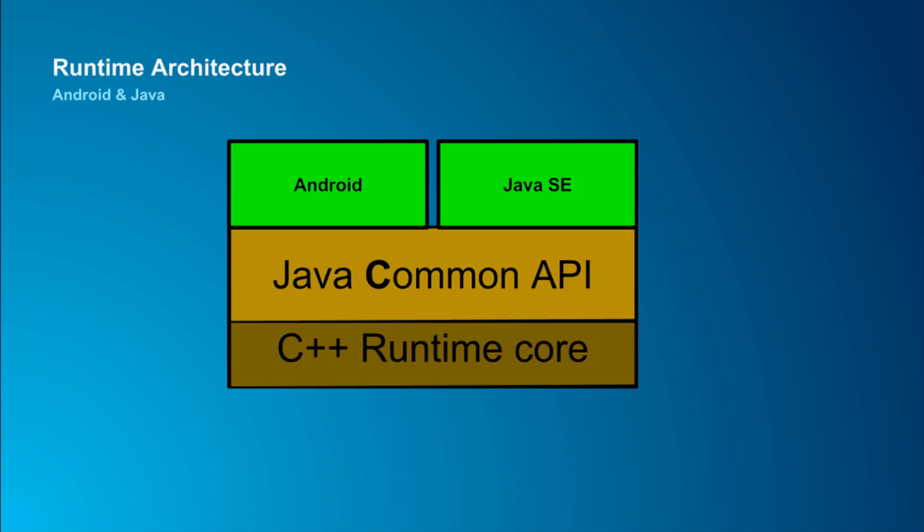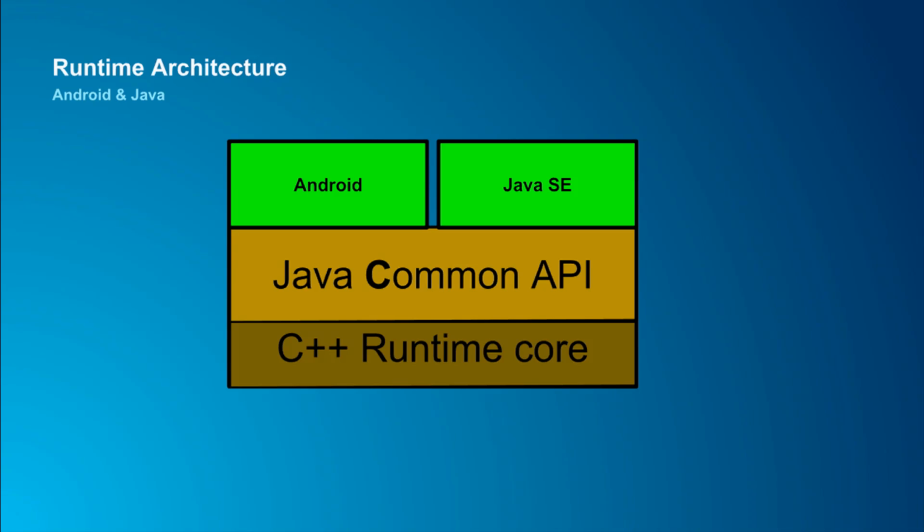Above that, since Java and Android share a language, we do a lot of common code implementations out of that C++ core into a Java common library. So all the business logic is in there. And then we have separate libraries for Android, and we have one for Java that does a lot of the view stuff and anything specific to the platform that we can't share.